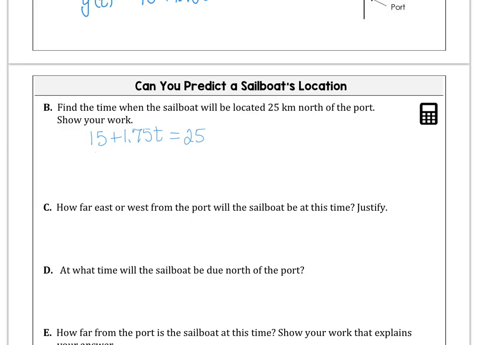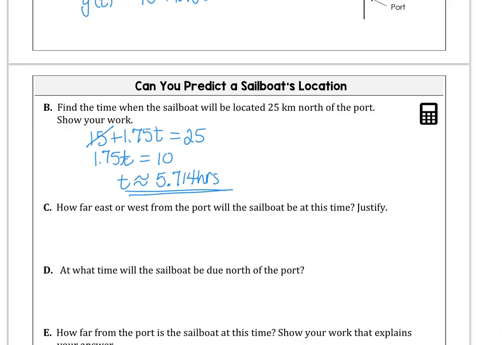Subtracting 15 from both sides gives us 1 3/4 t equals 10. And dividing on our calculator, we're going to have about 5.714 hours before the boat is 25 kilometers north of the port.